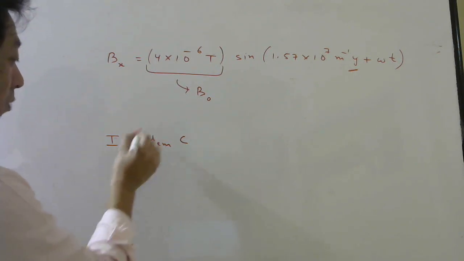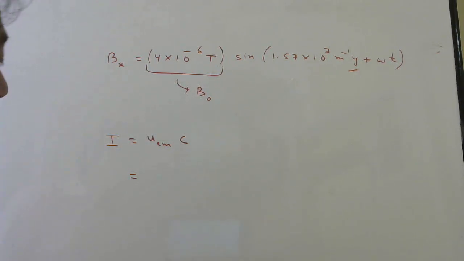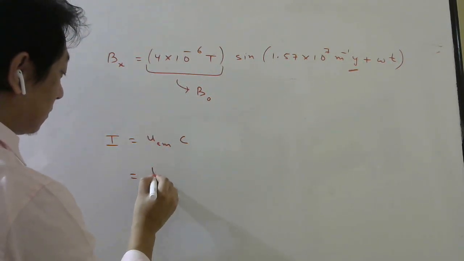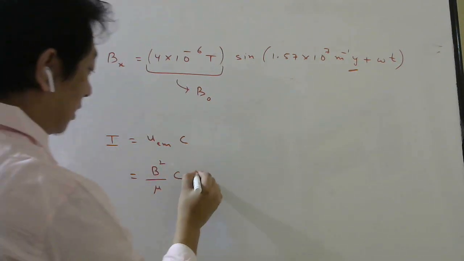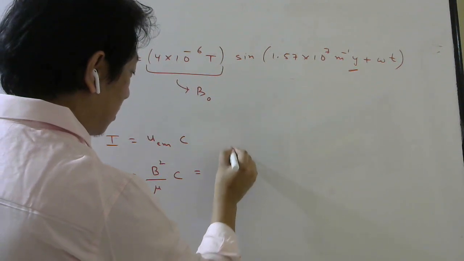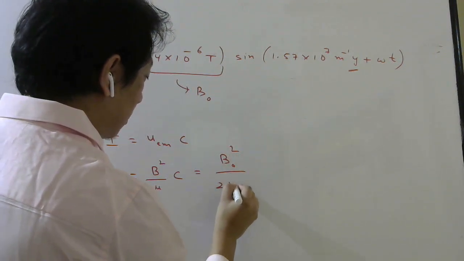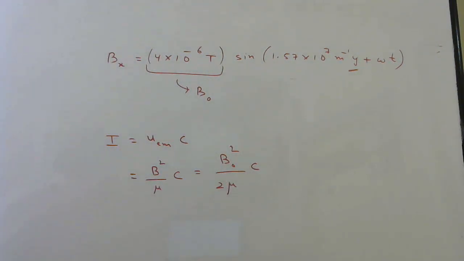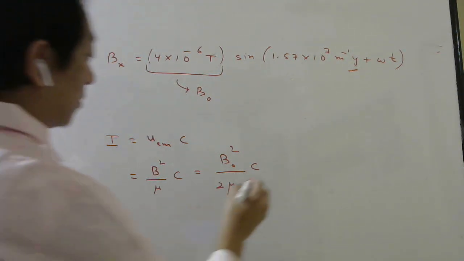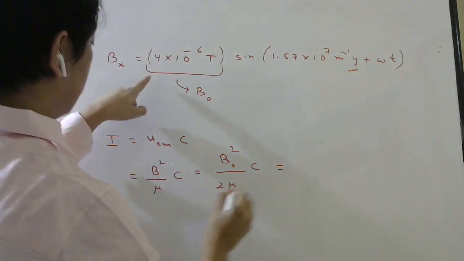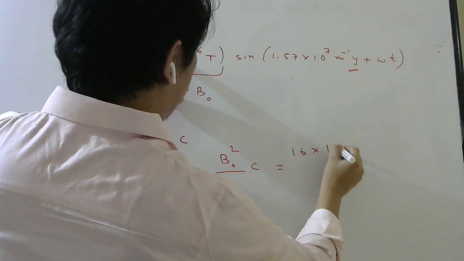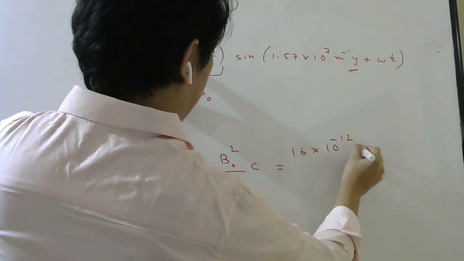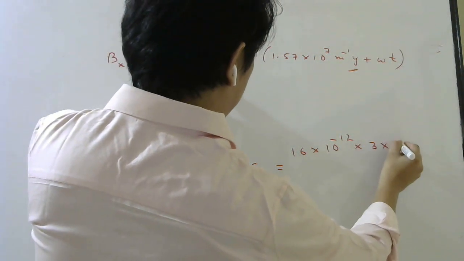If you want to write it in terms of the magnetic field, the formula is B square by mu into C. In terms of the peak value, it is B naught square by 2 mu into C. Correct or not? Then this equals 4 square, which is 16, 10 power minus 6 squared is 10 power minus 12. C is 3 into 10 power 8.